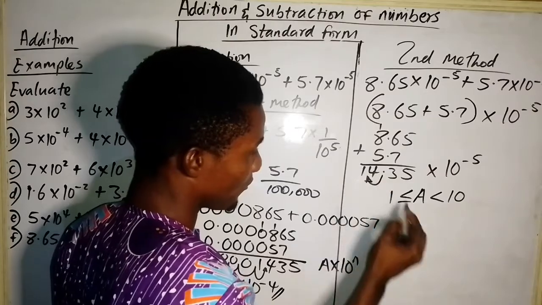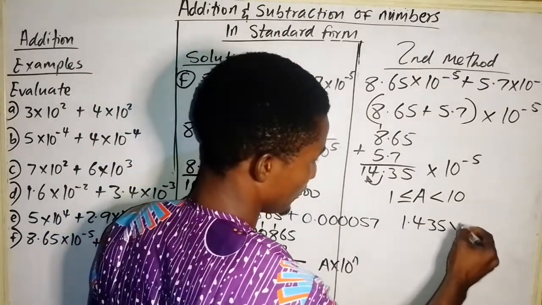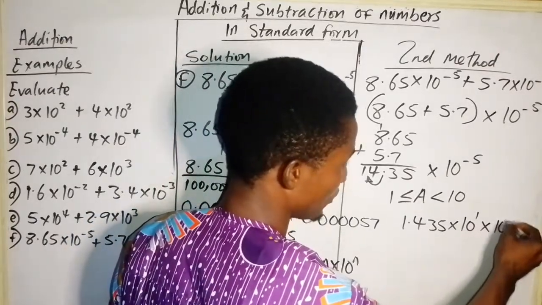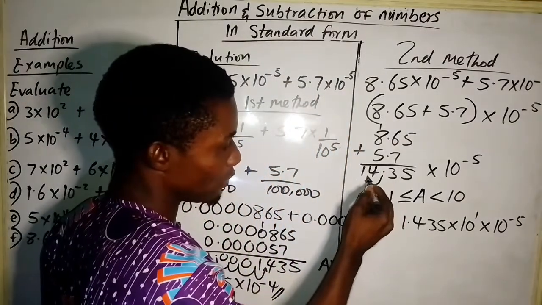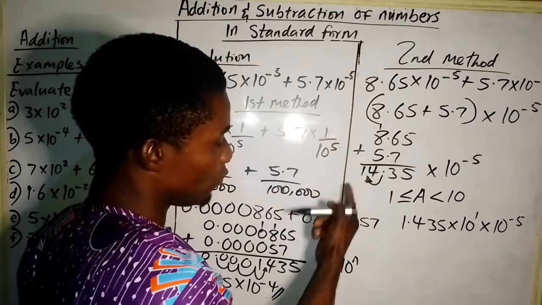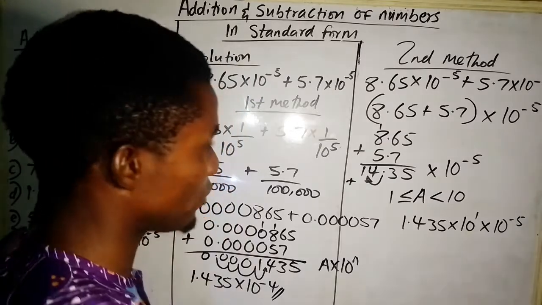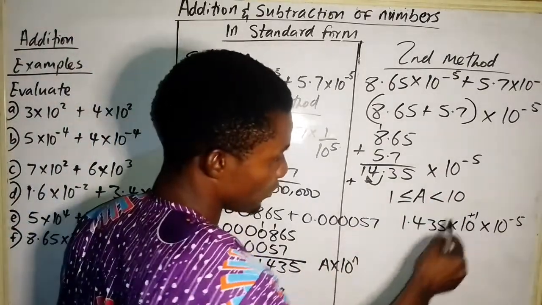So we have 1.435 times 10 raised to the power 1 times 10 raised to the power what? Minus 5. Because we are moving our decimal point once to the first number given here, which is 1. And this will be positive. If you are moving to the left, it will be positive. If you are moving to the right, it will be negative. That's why we have a positive 1 here.